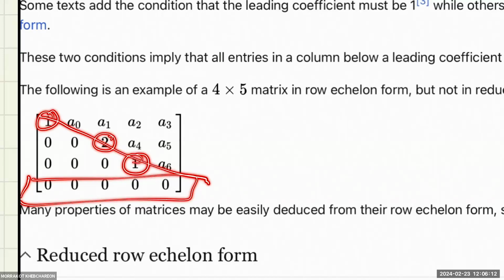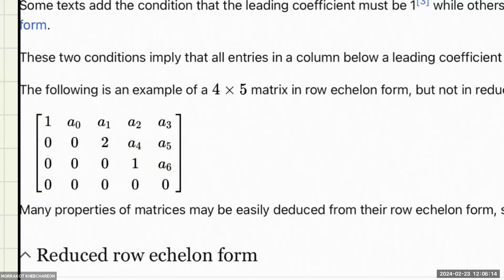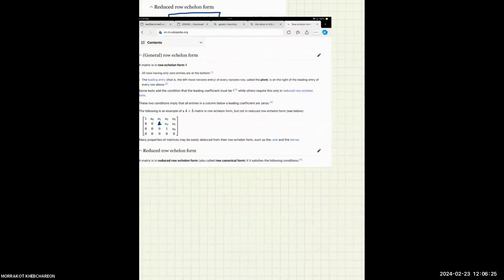But if it's called reduced row echelon form, the pivot has to be 1. That's it.